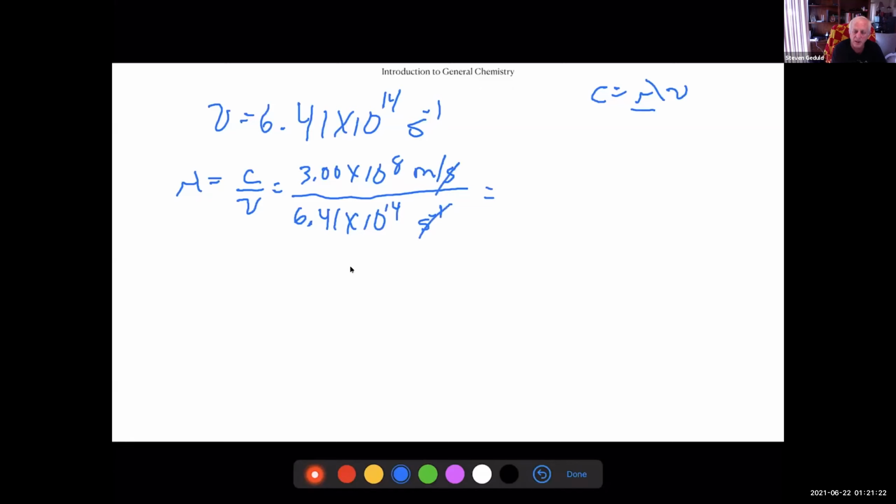Okay, so then we do the math. Do your integers first. So 3 divided by 6.41 equals 0.468. Okay, we're still writing good. 0.468 meters.